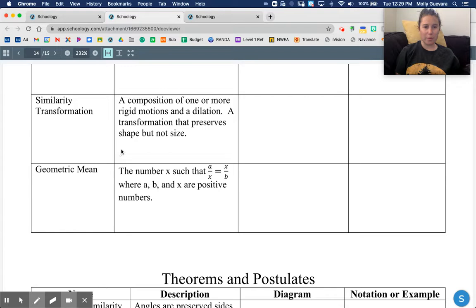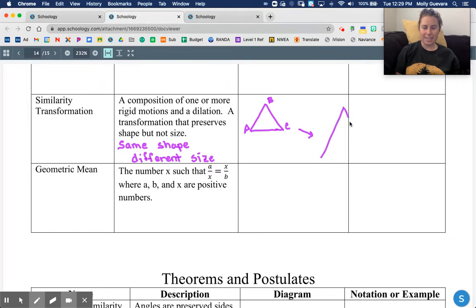So just a quick way to remember this. We just have same shape, different size. So if two figures are the same shape but different sizes, we say that they are similar. Okay, so if I have triangle A, B, C, I can translate it and dilate it.